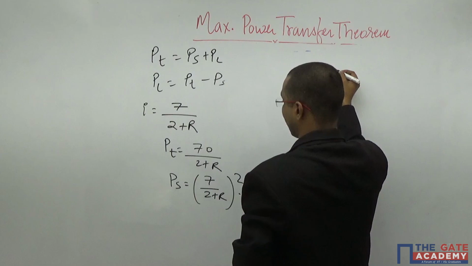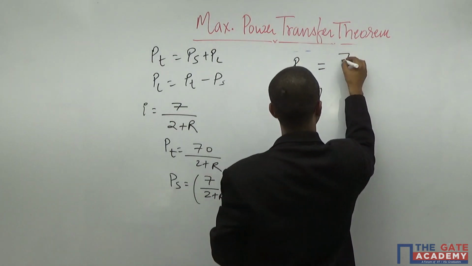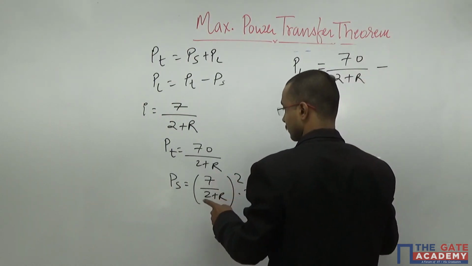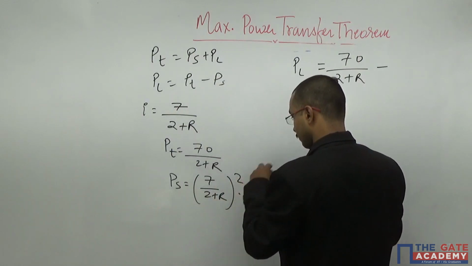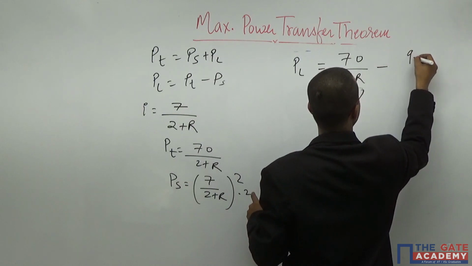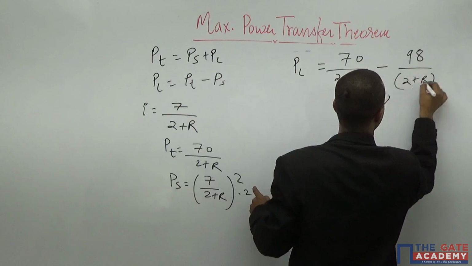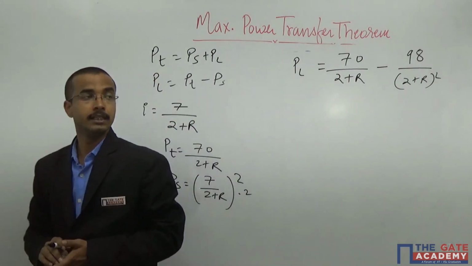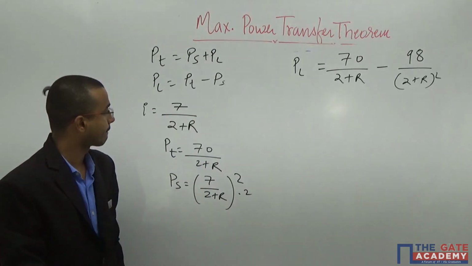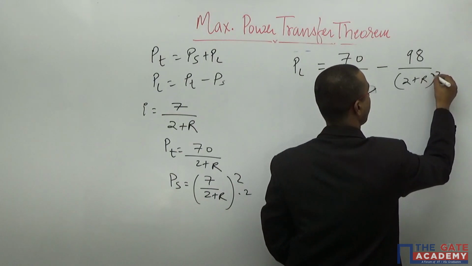That means the value of PL will be 70 by 2 plus R minus 7 times 7 is 49, into 2, 98, divided by 2 plus R to the whole square. This is the value of my load power whenever I put in all the values there. And this will be the value of my load power.